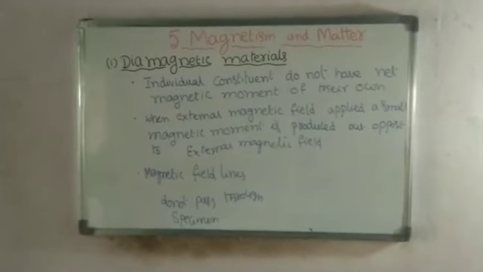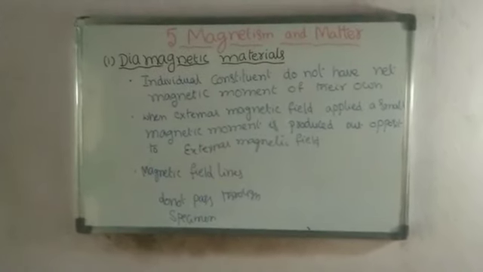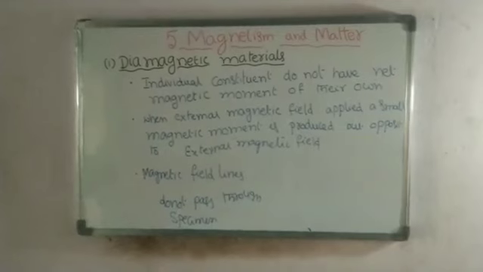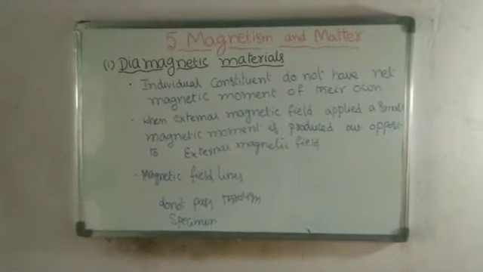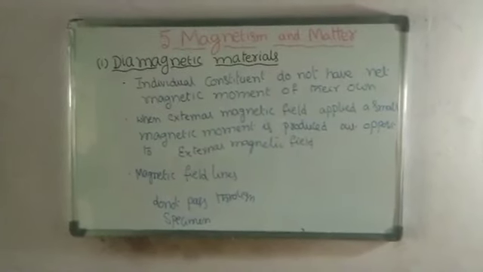Whenever that magnetic moment is opposite to the external magnetic field, it will repel. Due to that reason it is magnetized very little. That type of material is called a diamagnetic material.